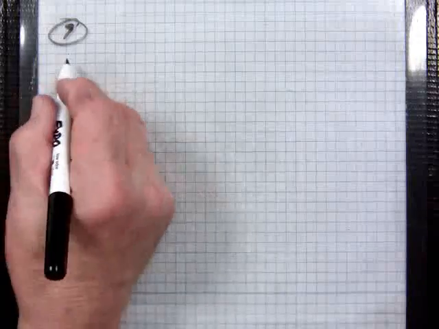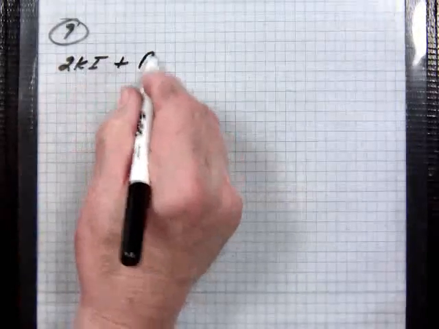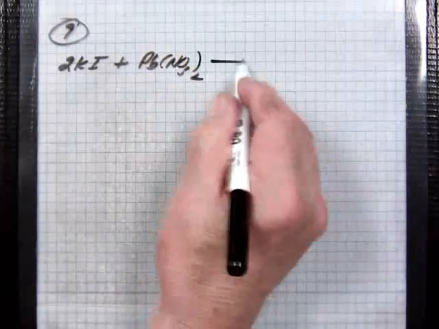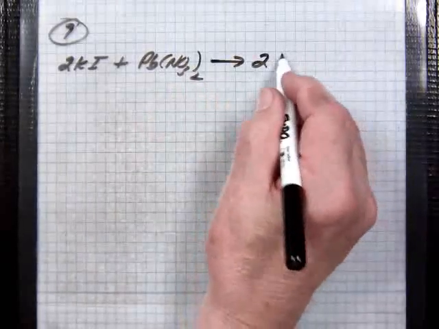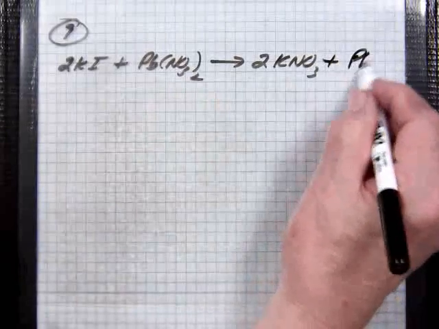60 milliliters of 0.322 molar potassium iodide are combined with 20 milliliters of 0.530 molar lead nitrate. How many grams of lead iodide will precipitate? Well, we have 2 KI plus lead nitrate goes to 2 KNO3 plus PbI2.